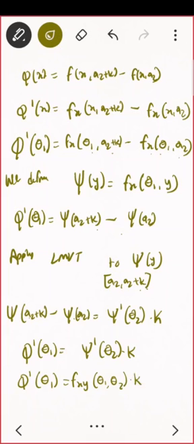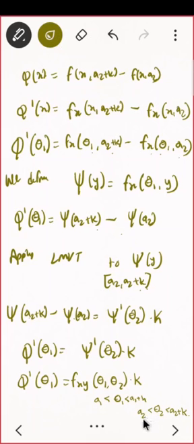Correct? And what are theta 1 and theta 2? Theta 1 lies between e1 and e1 plus h, and theta 2 lies between e2 and e2 plus k. Correct? Yes.